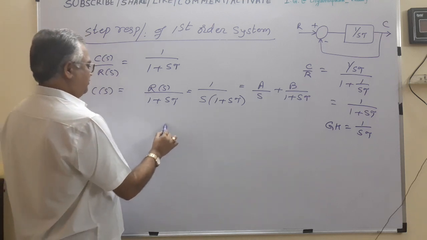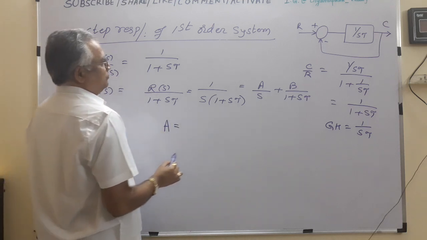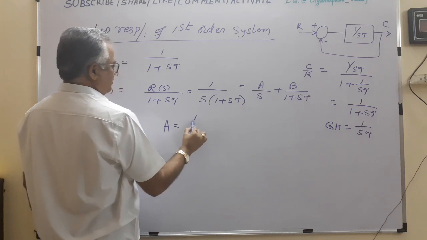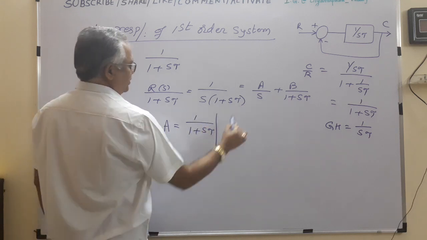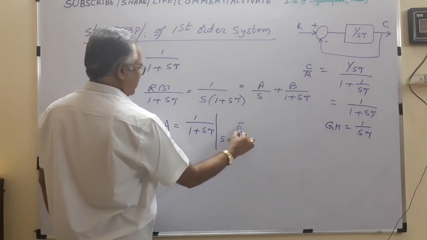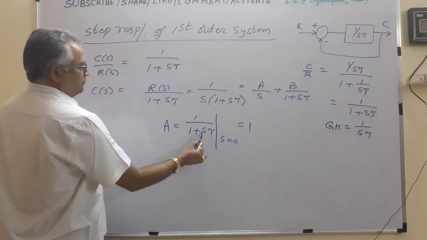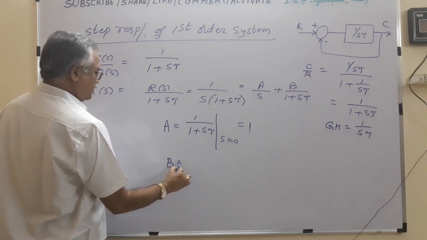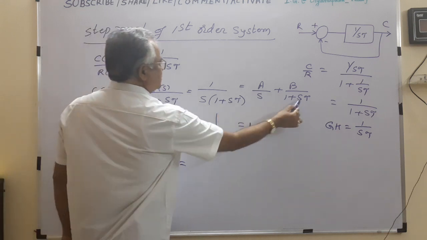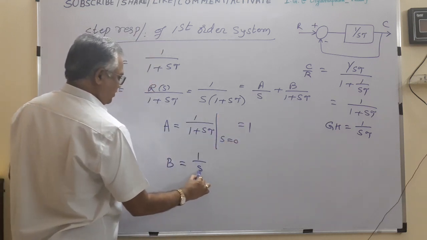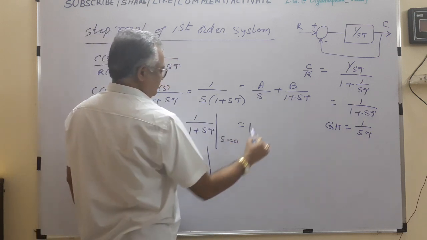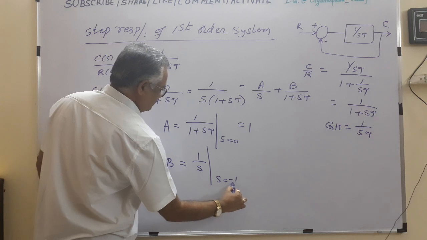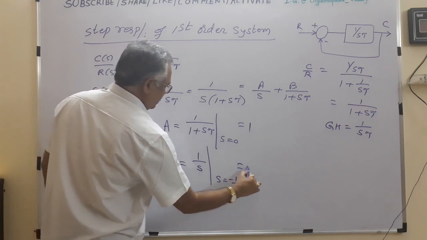Now to find A, S cancels, S equal to 0, you will get 1. What is B? This cancels, 1 by S at S equal to minus 1 by tau, so you will get minus tau.